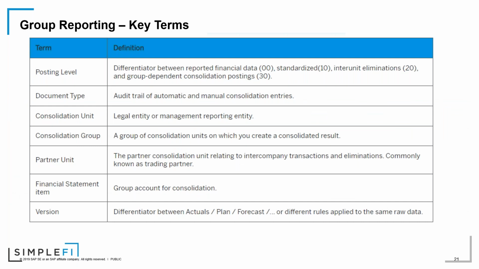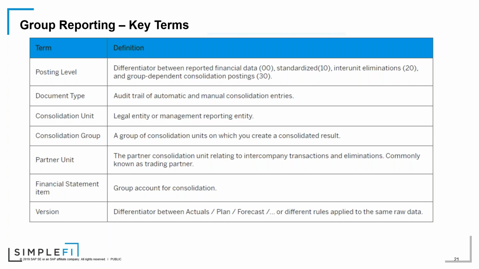And then real quick, some of the key terms you're going to see when we start getting into the system: posting level, document type, consolidation unit, consolidation group, partner unit, which is basically your trading partner, and financial statement item, which are your group accounts. So there's a process for mapping GL accounts to FS items. And then version, which is your actual, plan, or forecast.